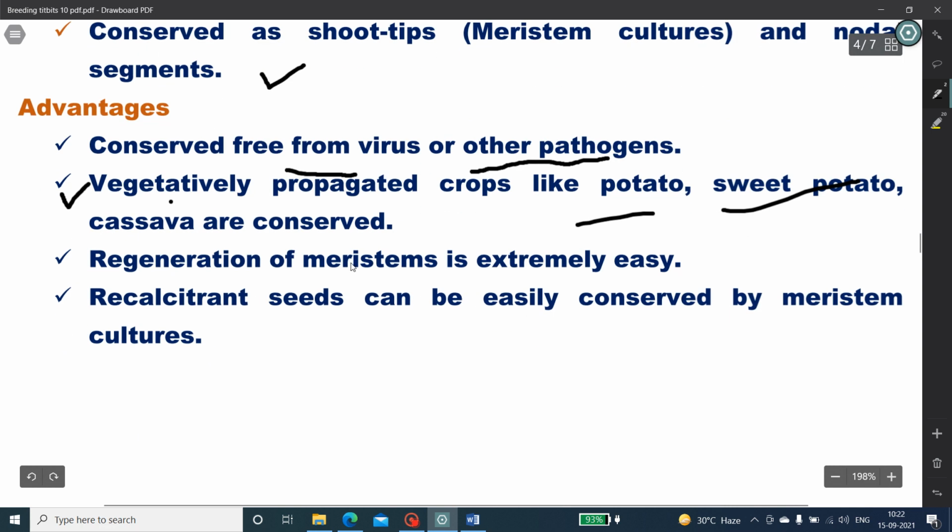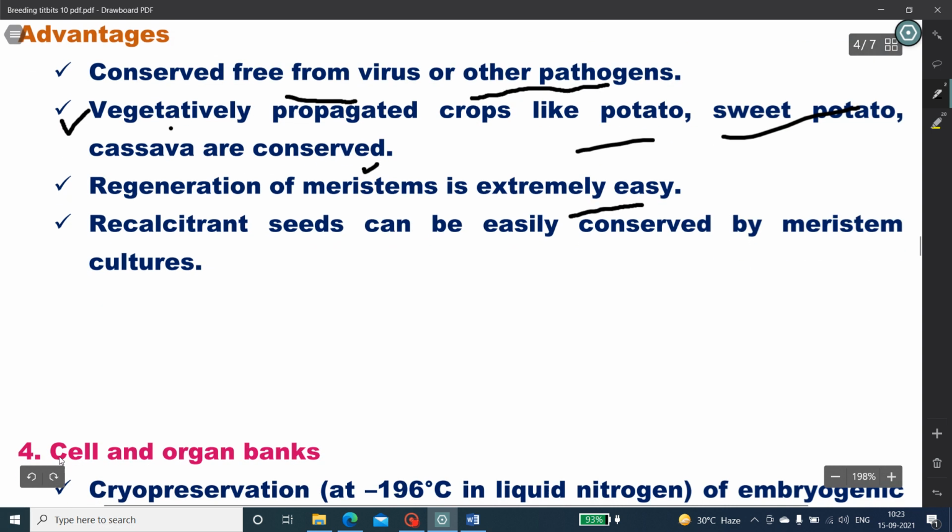Regeneration of meristem is extremely easy when compared to previous methods, and recalcitrant seeds can be easily conserved by meristem cultures.